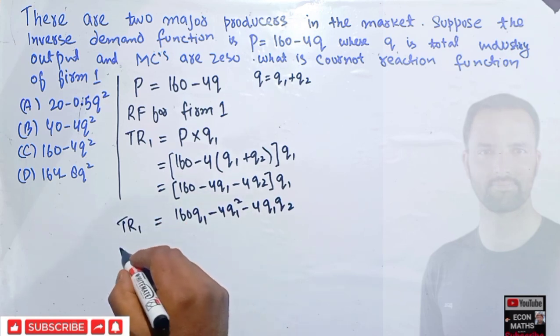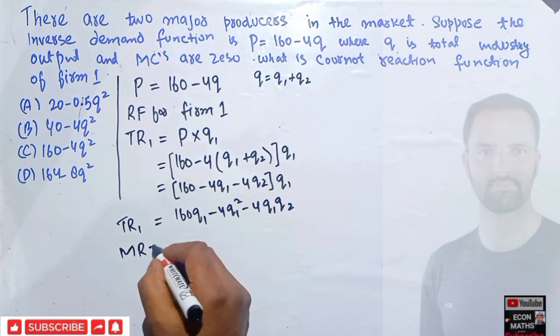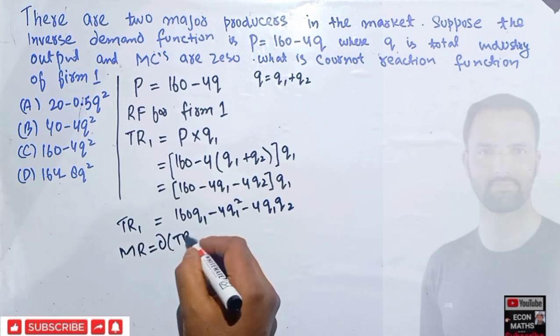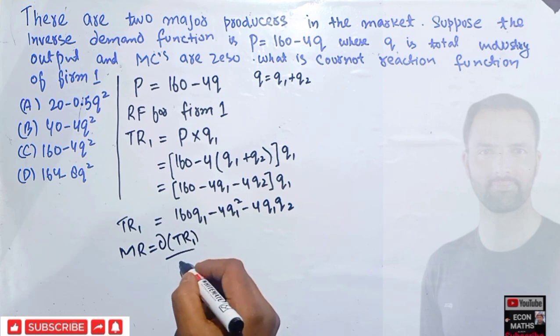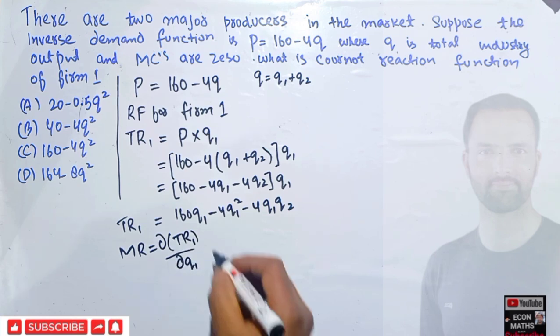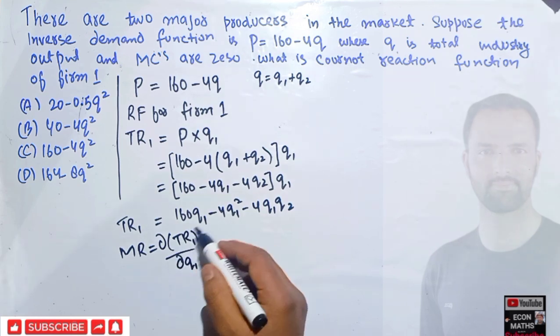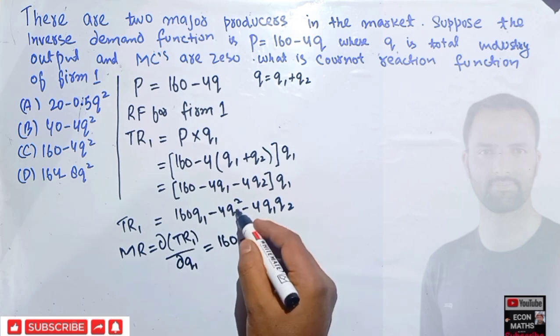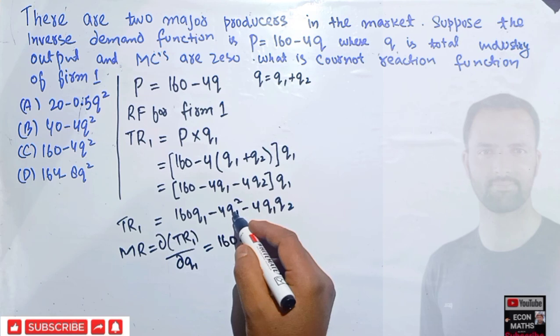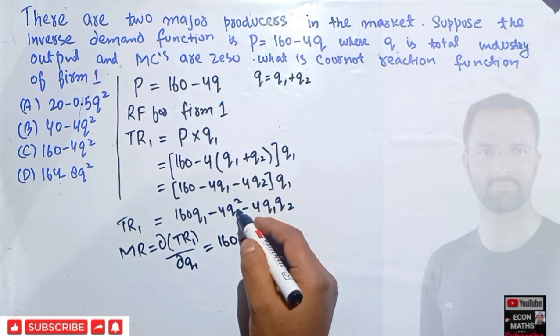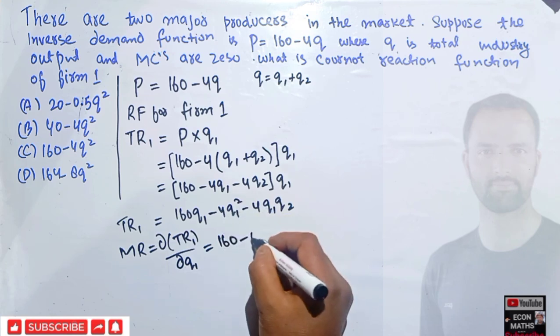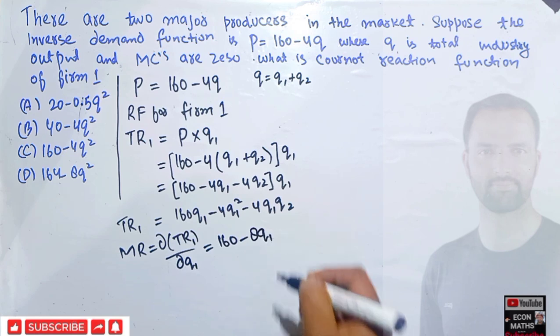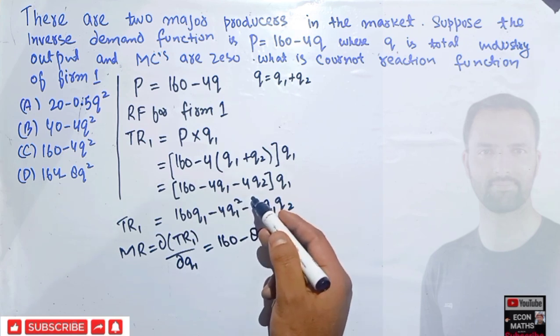And what is the marginal revenue? Marginal revenue is simply the derivative of the total revenue function with respect to Q1. The derivative of Q1 is 1, so we are left with 160, minus the derivative of Q1², which is 2Q1, so 2 times 4 is 8Q1, as the exponent is reduced by 1.